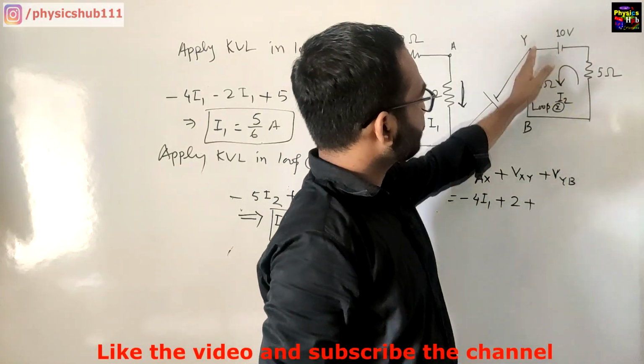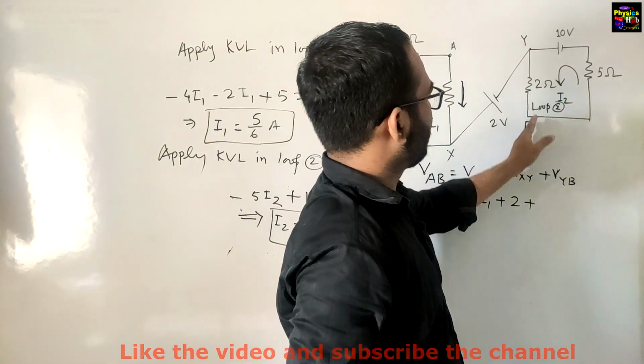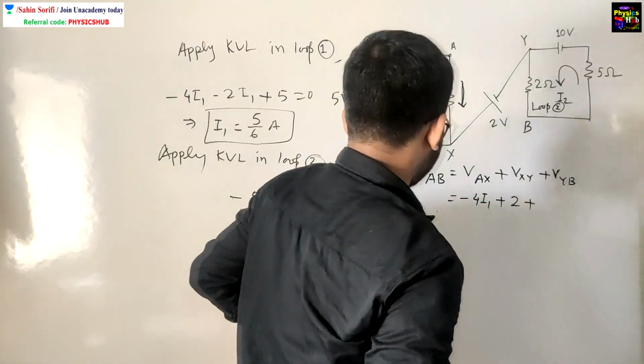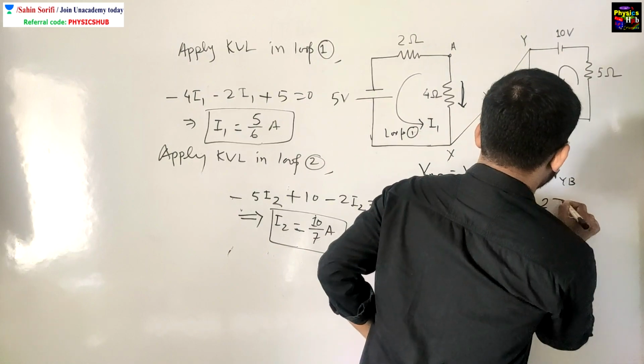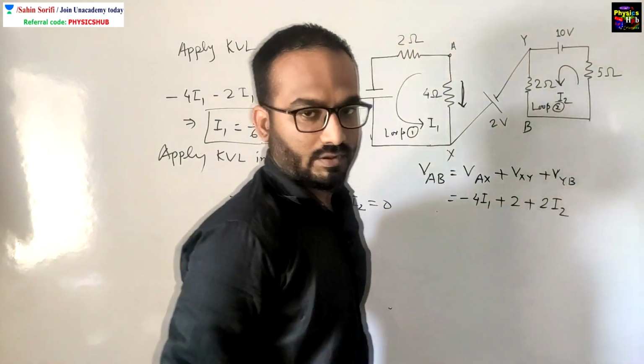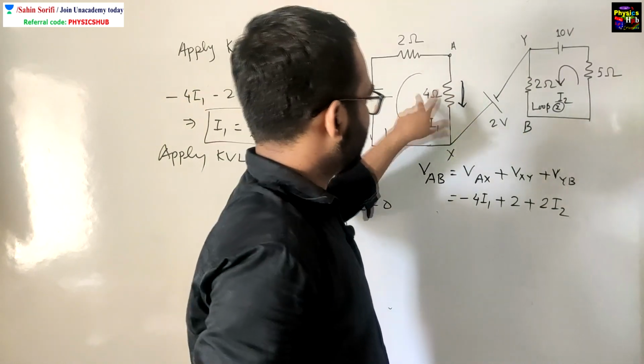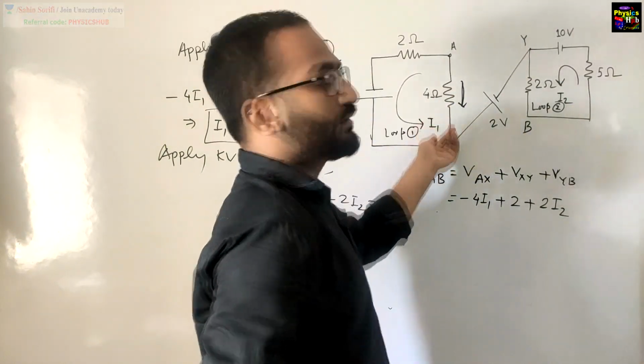We are coming in this direction, and in this direction only we have calculated I2, which is 10/7. So this will remain 2I2. Understood? As we are going in the opposite direction, we have to use the opposite value of I1.